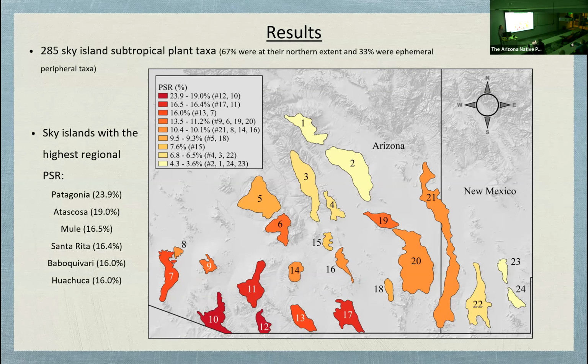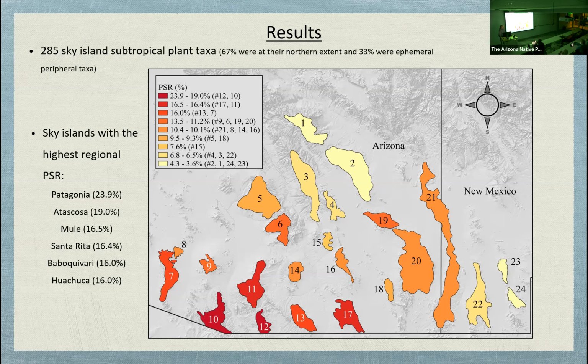Among the six biggest ones with the highest regional amount of subtropical influence, I was a little surprised, because going into this, like a lot of us, I would have expected Sycamore Canyon, the Pajaritos, and the Atascosa Highlands to be the most subtropical area. But it was interesting to see that the Patagonias had nearly a quarter of the entire flora subtropical. And that's number 12 that we see down here.